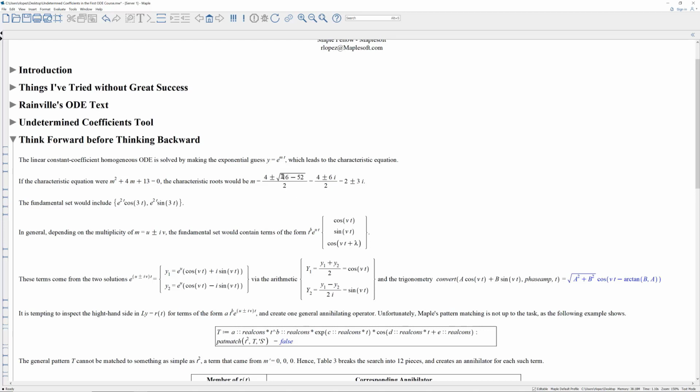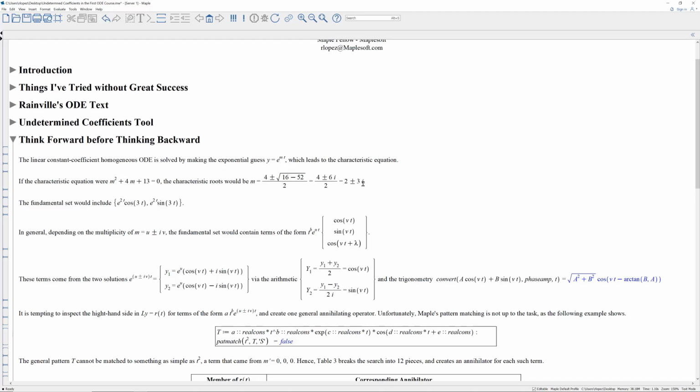This is 36 minus, so the i comes out, 6, 4 divided by 2, 2 plus or minus 3i. Okay? And we would conclude, or we teach our students, that the fundamental set therefore contains e to the 2t cos 3t, e to the 2t sine 3t.